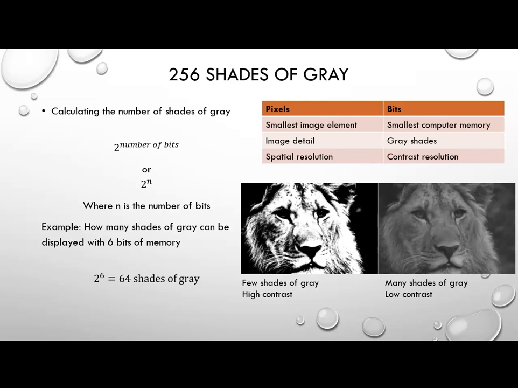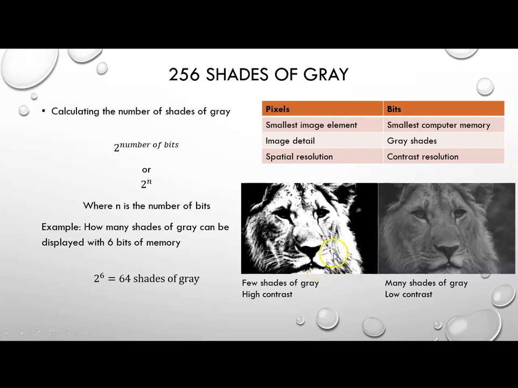So again, if you have 2 bits, you're multiplying 2 times 2 and you have 4 combinations. If you have 6 bits, you multiply 2 times 2 times 2 times 2 times 2 times 2, and it gives you 64. So that's how we determine how much memory we're going to give to our grayscale image, is how many shades of gray we want it to have.